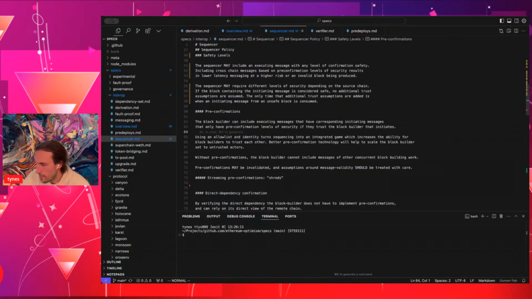All right. Pre-confirmations. The block builder can include external messages that personalization.